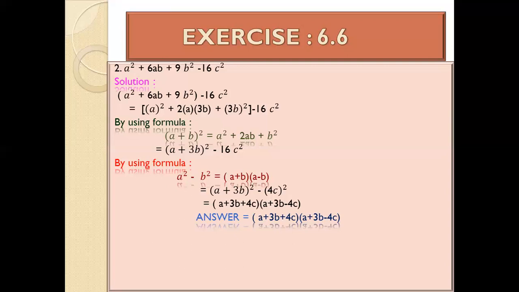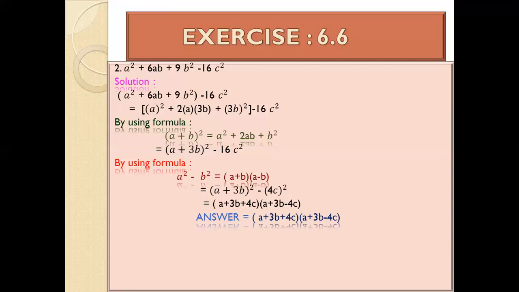You check that there are 3 squares in the question, and in that exercise only one square is given, two terms are linear and one term is constant. And in this question we have 3 quadratic terms. Quadratic means in which the power of the variable is 2. a², b², c².